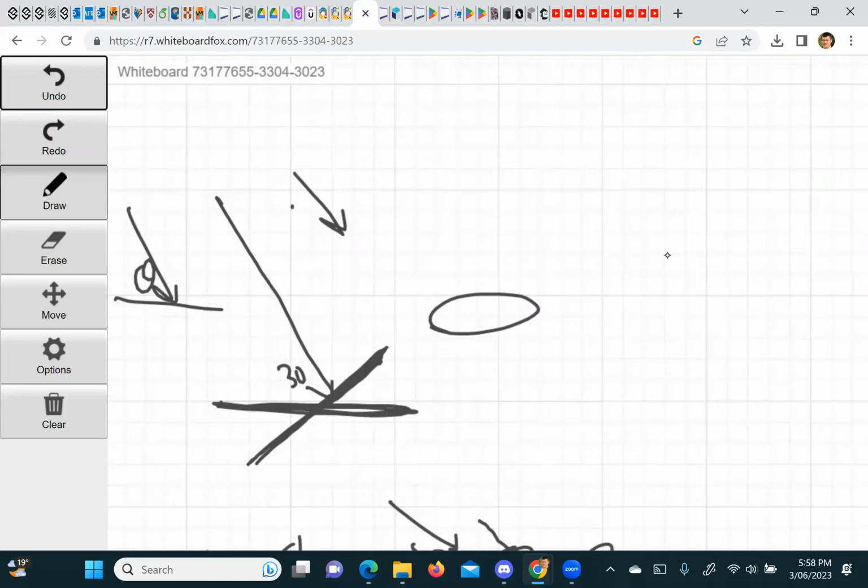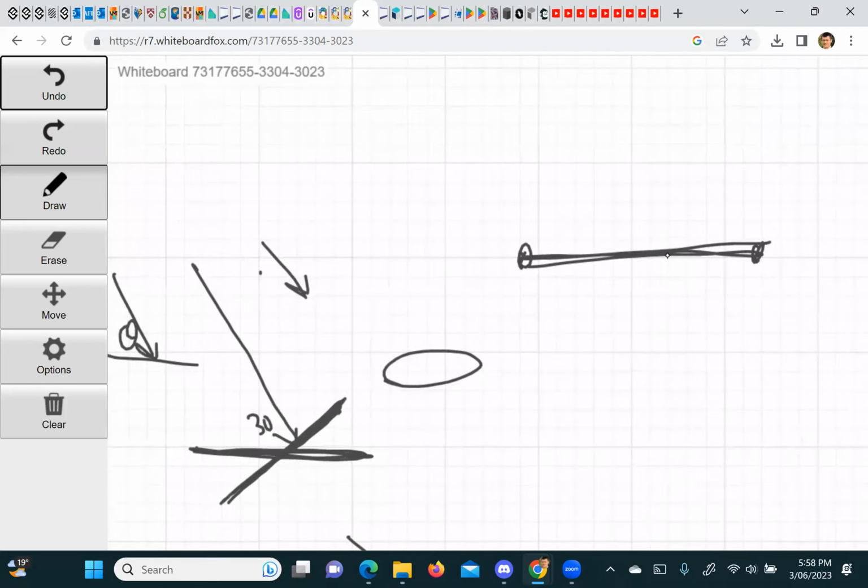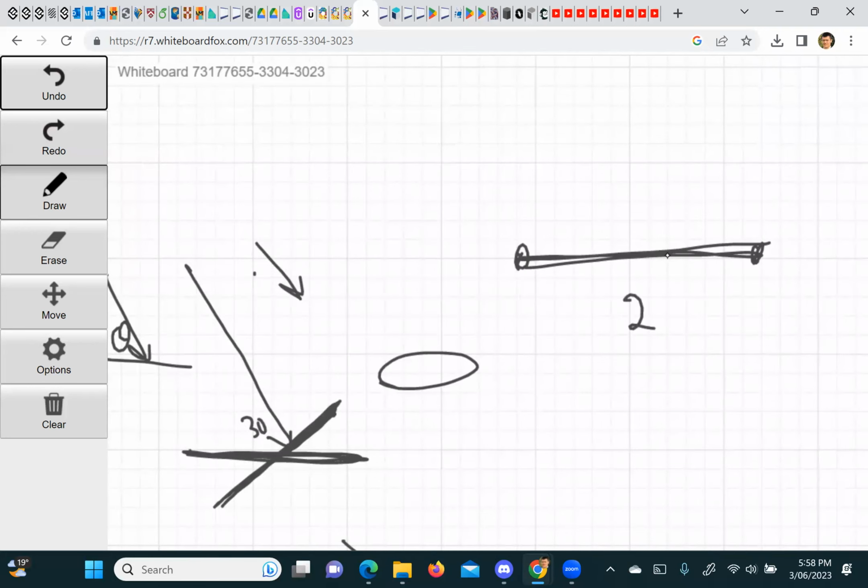So let me draw this again. You have the ring, which is length 2, let's say, and you have a ball that's coming in this way.